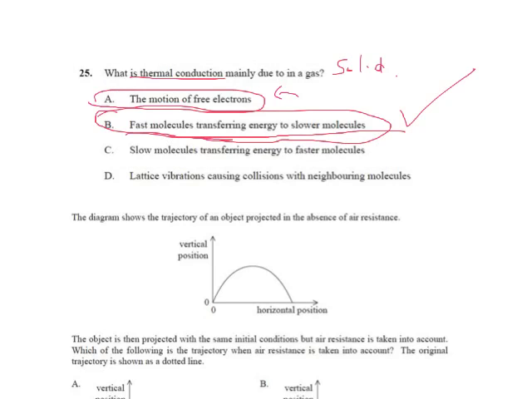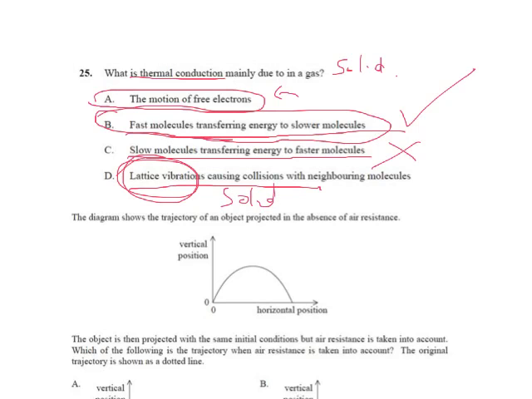Could it be slow molecules transferring energy to faster molecules? Nope, because that is ridiculous. That just doesn't happen. And lattice vibrations causing collisions? Well, that can't be the case because lattice vibrations are associated with solids. So the answer is B.